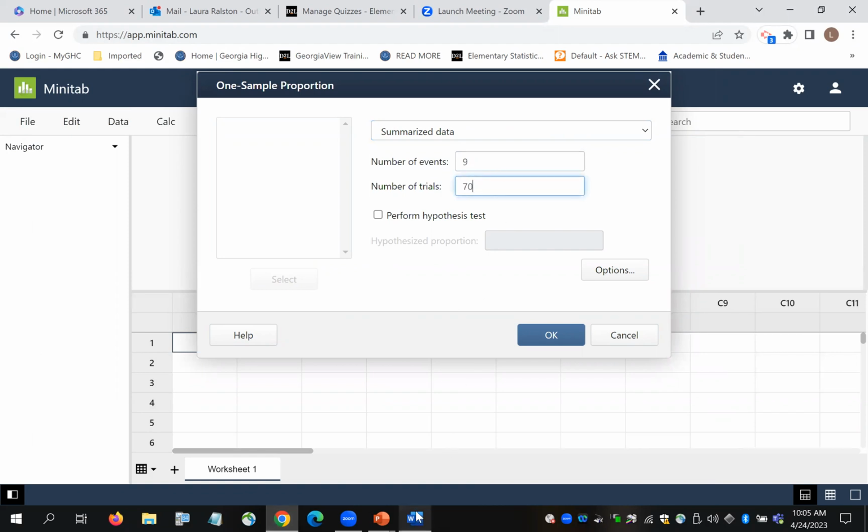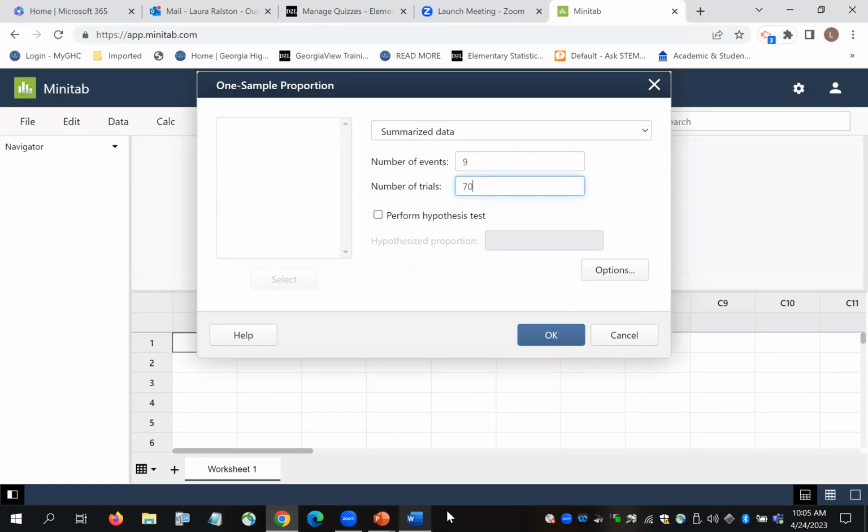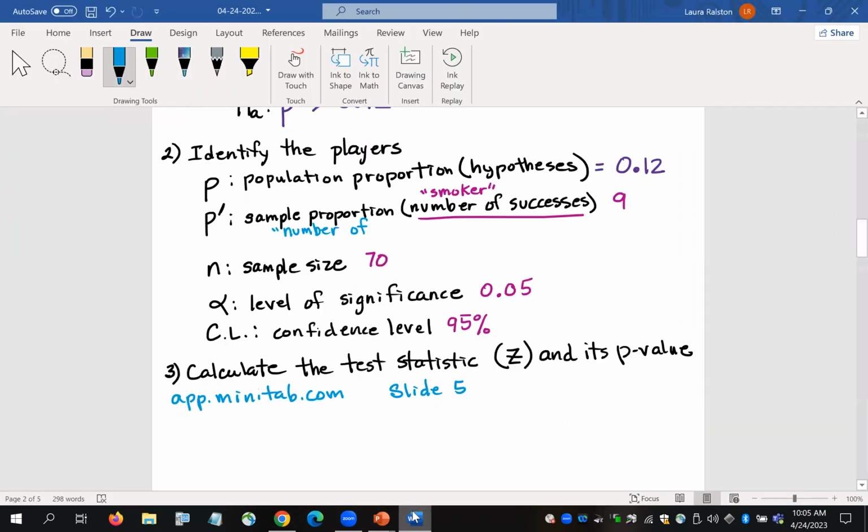Okay, so let me go over here back to my paper and make you a couple of notes. Okay, in Minitab, your sample proportion is called the number of events, I believe is what they're using. Yes. Number of events. The sample size is referred to as the number of trials. Okay, so I made that notation.